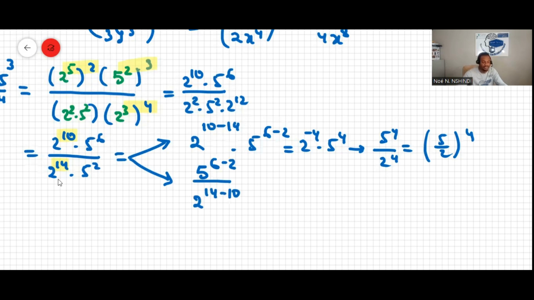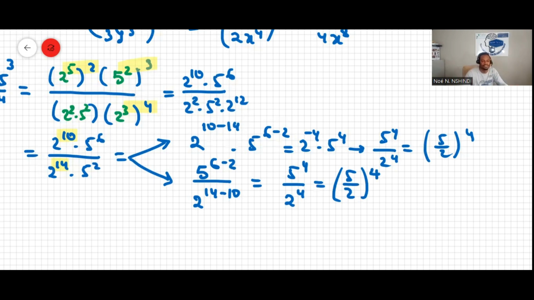I'll repeat. Here the highest exponent is at the denominator, so I keep 2 at the denominator and do 14 minus 10. Over here, the highest exponent is at the numerator, so I keep 5 at the numerator and do 6 minus 2. So this will be 5 to the 4 over 2 to the 4, which is 5 over 2 to the power of 4.